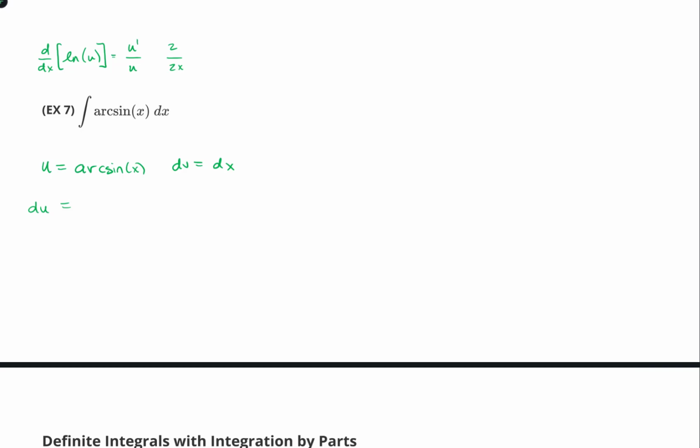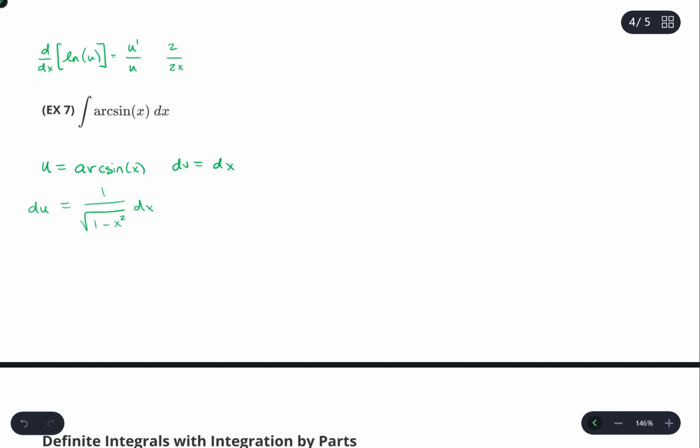You might need to refresh on it, but the derivative of arcsine, if you'll recall, is 1 over the square root of 1 minus x squared dx. And dv, its integral, we would get v equals x.